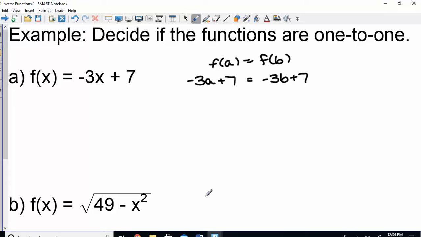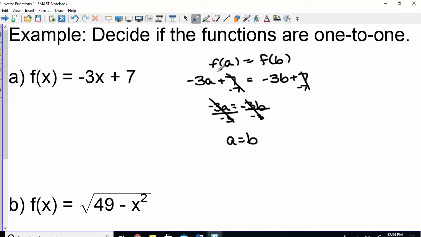Now I'm just going to solve for A. To get A by itself, we can subtract over the 7. We have negative 3A equals negative 3B. Divide by negative 3, and we get A equals B.